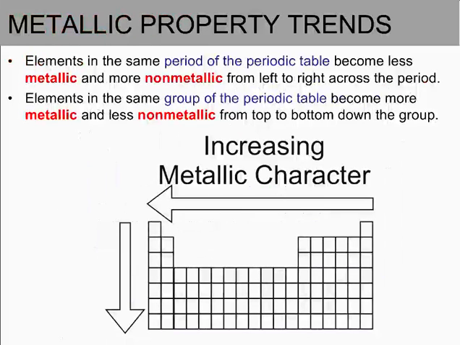So after discussing metals and nonmetals and metalloids, we can now talk about metallic property trends. So remember, we said that nonmetals were kind of in this upper right-hand corner, and the rest of the periodic table was pretty much made up of metals. So we can say that metallic character increases going towards the left of the periodic table.